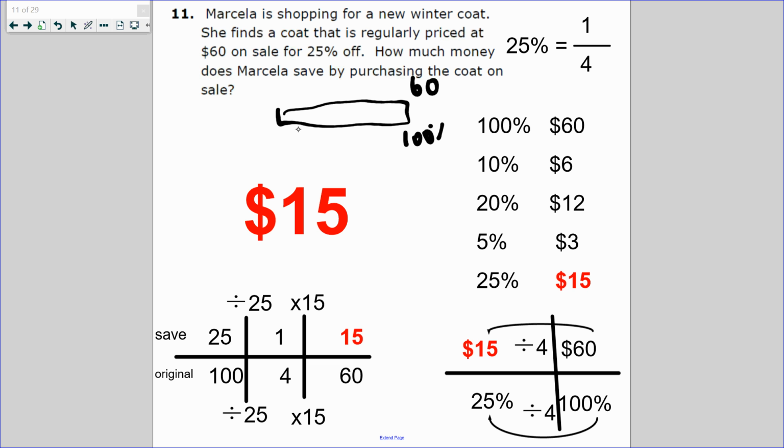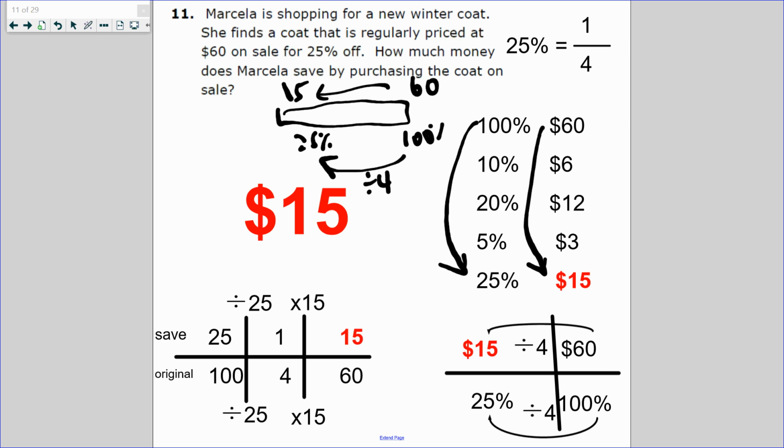Full price is $60. This is 25%. How do you break it down from 100% to 25%? Divide by 4. 60 divided by 4 is $15. Maybe you would do mental math. 100% is $60. How do you break it down to 25%? Divide by 4, you get $15.